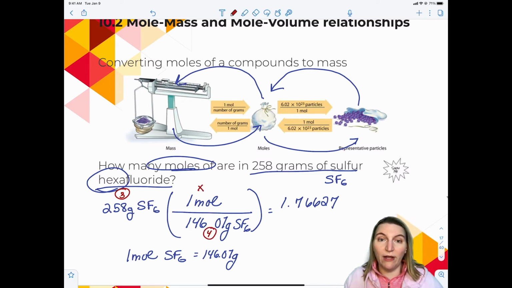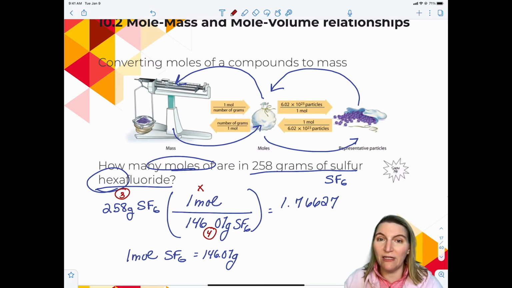And then, of course, I have to look at the problem again for significant figures and units. So remember, the 1 in 1 mole doesn't count for significant figures. 258 has 3. And you may look at that number and say 146.07, that has 5. But remember, I got that number off the periodic table. And so the maximum number of significant figures that it can have is 4. So I'm just going to always count numbers that I got off the periodic table as 4.